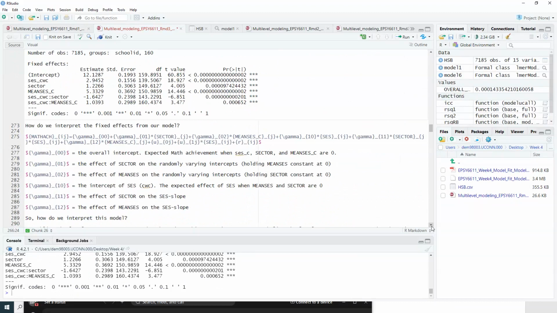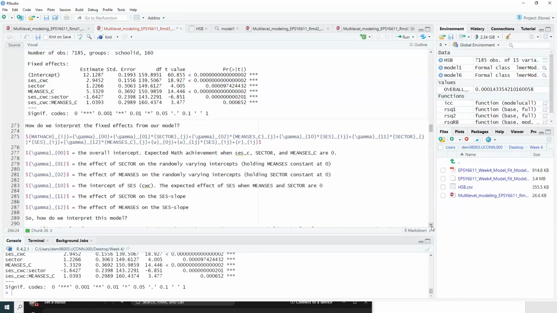So, okay, so here what I want to do is make sure that you can actually interpret all of these things, right? So this is a full contextual, full 2-level model. So what's the intercept in this case, right? Well, the intercept is, again, this expected math achievement when everything else in the model is 0.